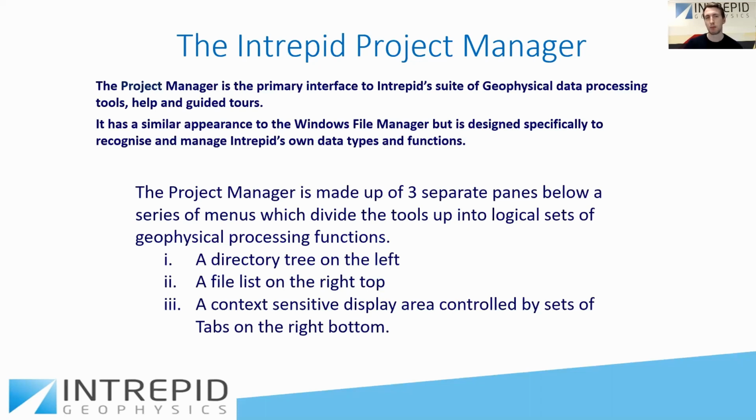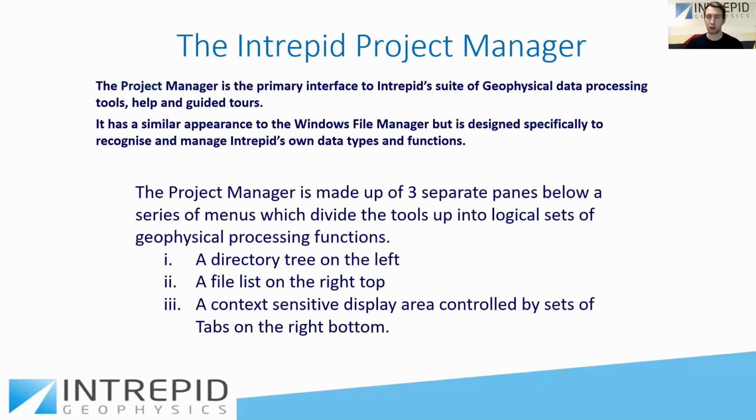It's been designed specifically to act like a Windows file manager, but it's best used with Intrepid's own data types and functions. It's made up of 3 separate panes, each of which has a series of menus, and the menus are divided up into blocks of tools based on their geophysical processing functions.